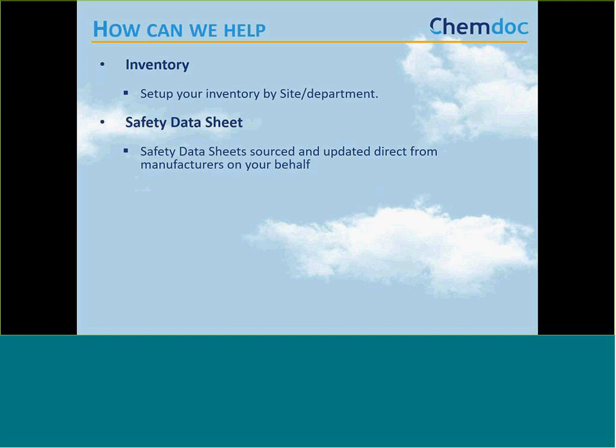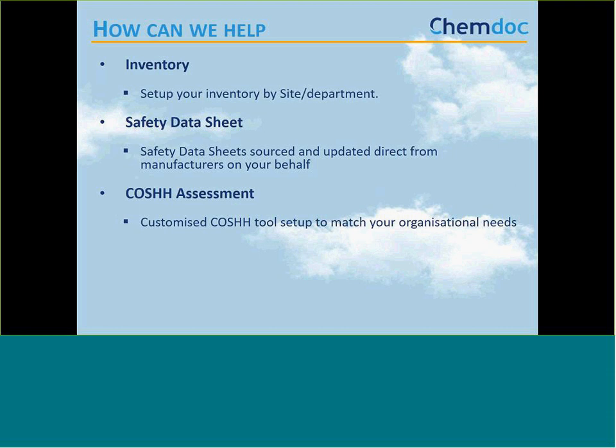Once you have your inventory put together, we get your inventory from you. We set it up on ChemDoc to mimic your site and departments. We will source all the safe data sheets for you. We will go to the manufacturer and source all the safe data sheets on your behalf.